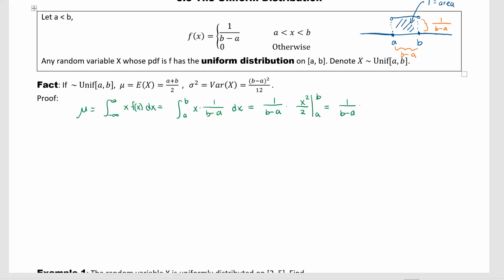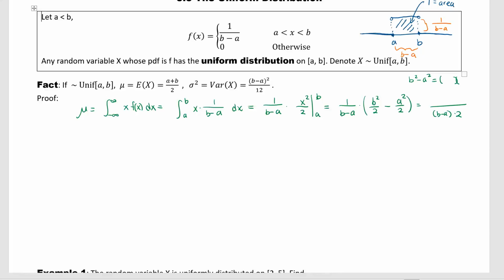So we plug in b first. Okay, so we have b squared over 2 minus, we plug in a, so a squared over 2. Okay, what is that? Well, you can factor out the 1/2, and then on the top we have b squared minus a squared.